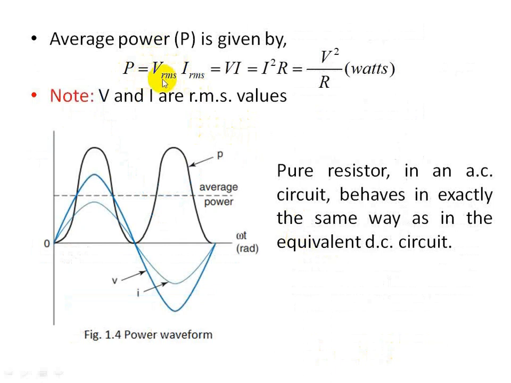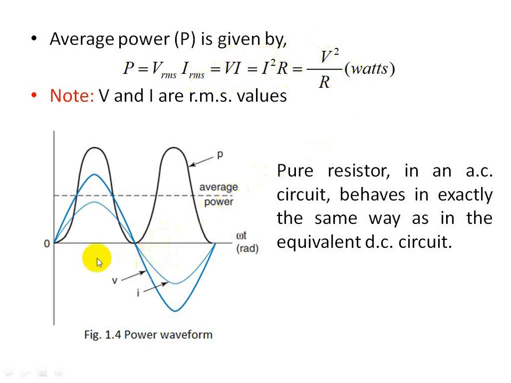Vrms can be simply written as V and Irms can be simply written as capital I. So the capital letters always indicate RMS values. This in turn will be equal to I square R, and also equal to V square by R. These formulas we have already used in DC circuits. The same thing is applicable in AC also.